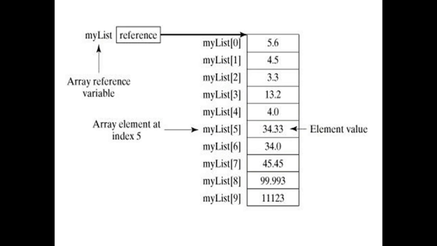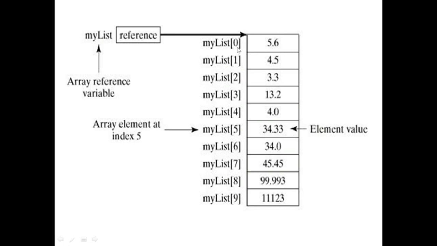Now, the point to keep in mind while traversing through an element using indexes is that indexes always start with 0. That is why the index of the first element, that is 5.6, is not 1, it is actually 0.